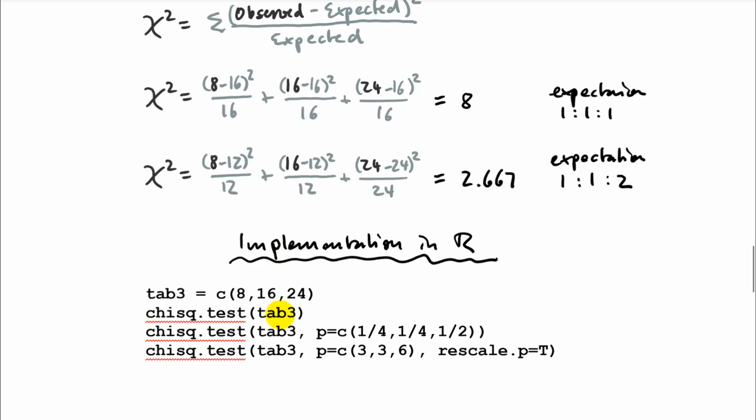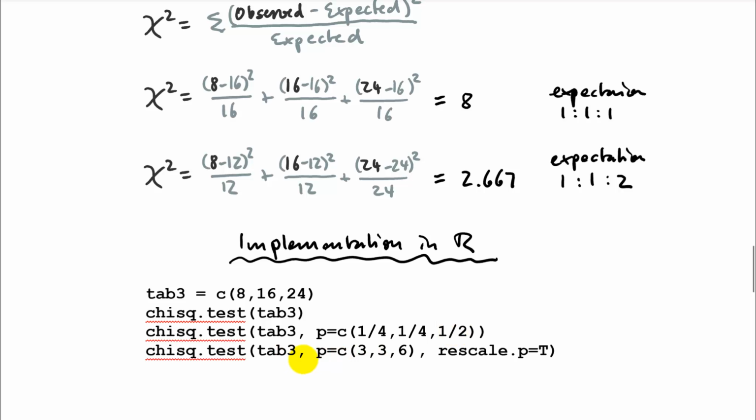And this first version here is basically you test the expectation that they're all the same. If you do have an expectation like we had above, like the 1 to 1 to 2 ratio, then you can state this here. So in this case, we have 1 plus 1 plus 2 is 4. So 1 quarter, 1 quarter, and 2 quarters is 1/2.